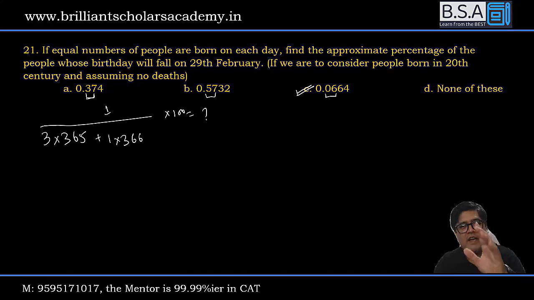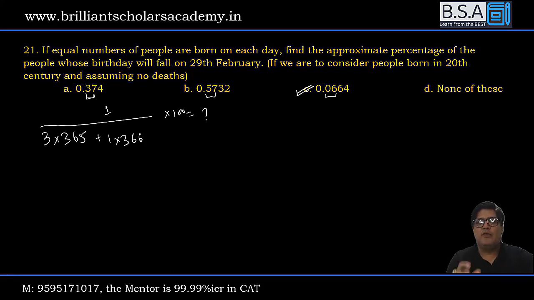Now the correct way to solve this would have been to work for a century. Take the whole century, from 1901 to year 2000. How many leap years are there?